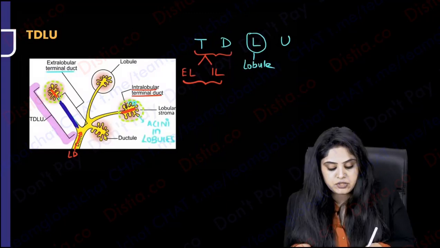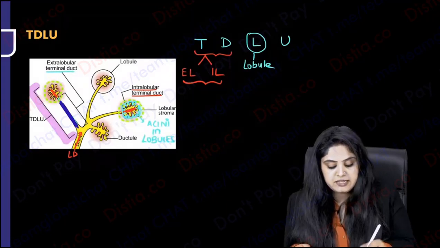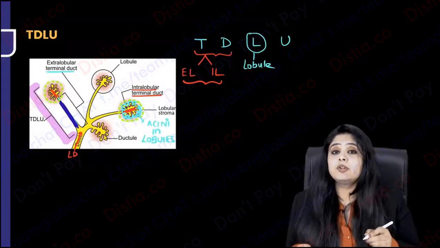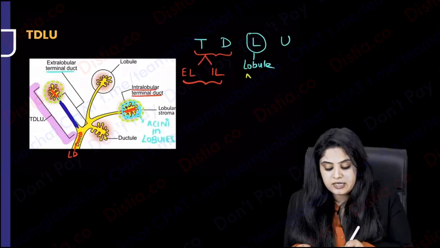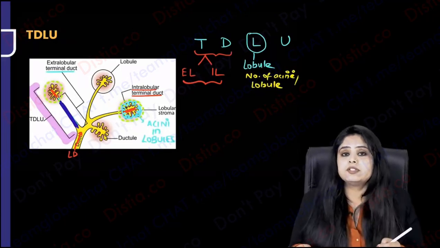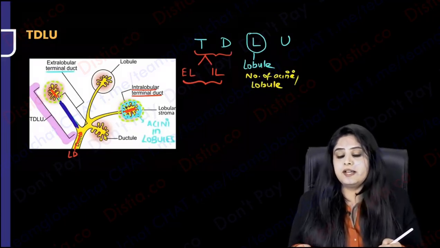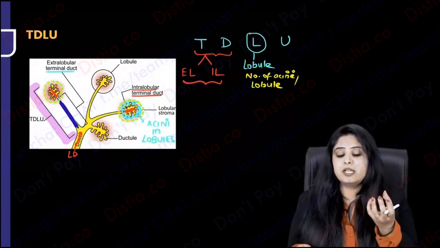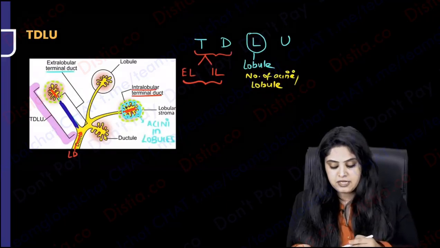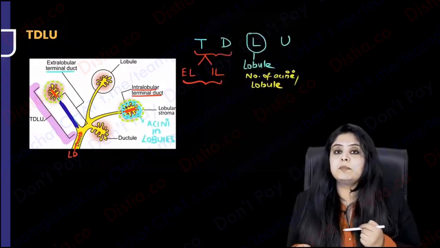I'm going to talk about a lot of diseases where the number of acini per lobule will matter. Suddenly we will realize that the number of acini per lobule will increase, and I'll talk about a disease called fibrocystic disease in a while, where this grape-like bunch that you're seeing is going to increase.